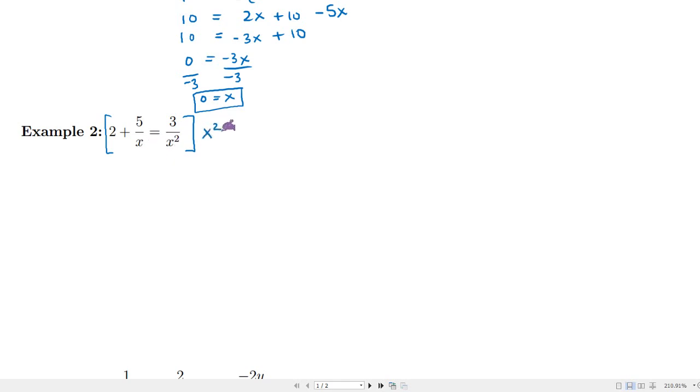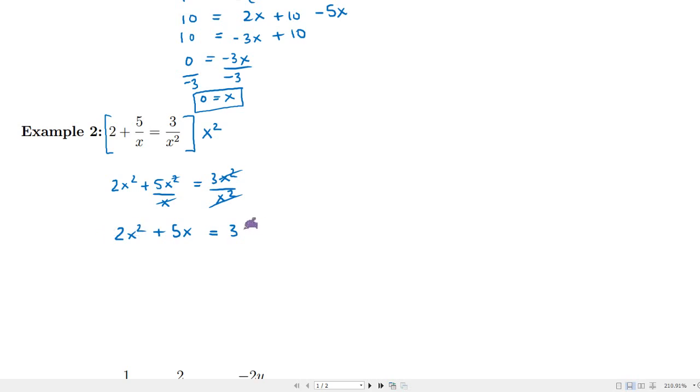So we multiply by that, and we have 2x squared plus 5x squared over x equals 3x squared over x squared. The x reduces that to just an x, not an x squared. The 3x squared and the x squared reduce, so now we have 2x squared plus 5x equals 3.